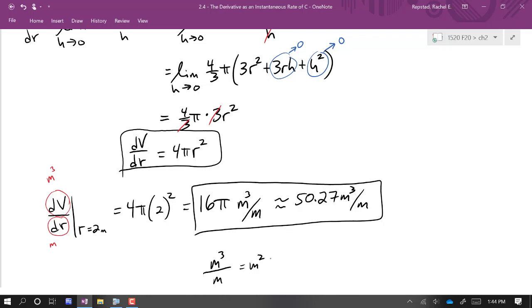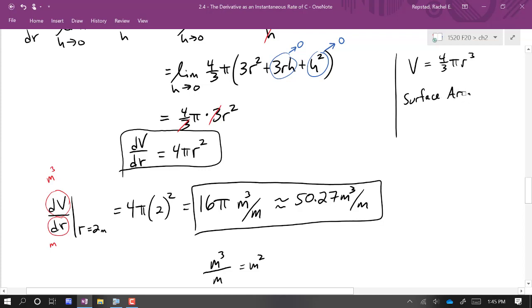Also, here's a super interesting fact. You might not be aware because it's not a formula that comes up all the time, but we know that the volume of a sphere is 4/3 pi r cubed. But the surface area of a sphere is 4 pi r squared. So a couple of interesting notes.